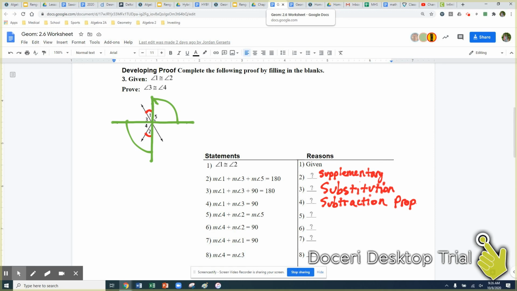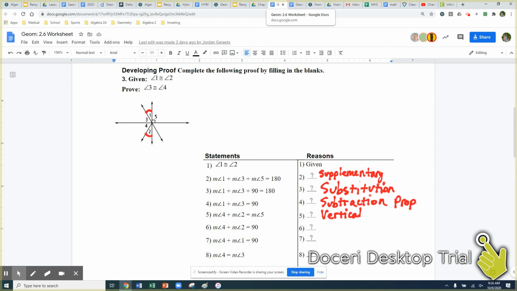But why would they be equal? Excellent. They are vertical angles. Nice. They are vertical because they form that X formation. It's kind of a T right now, but then they're opposite of each other. So 5 has to equal whatever 4 and 2 are because they are vertical angles.